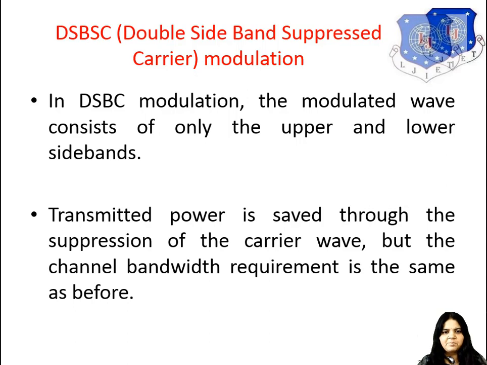We can save transmitted power by suppressing the carrier wave, and we can also save channel bandwidth. As we know, the carrier does not have any information, so if we suppress the carrier, we can save the transmitted power.